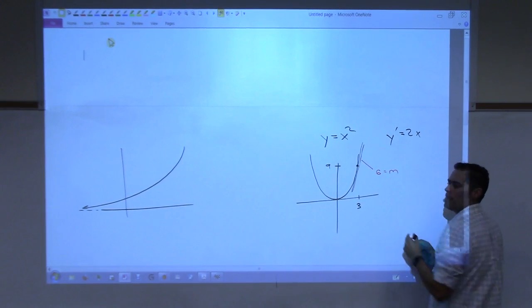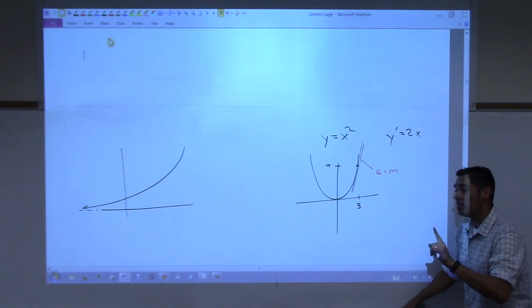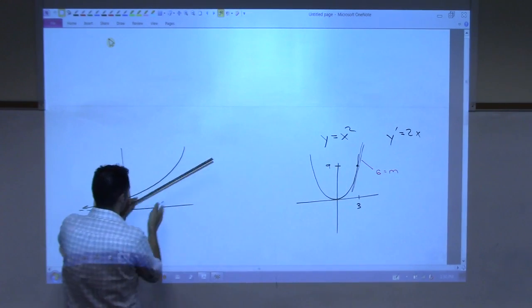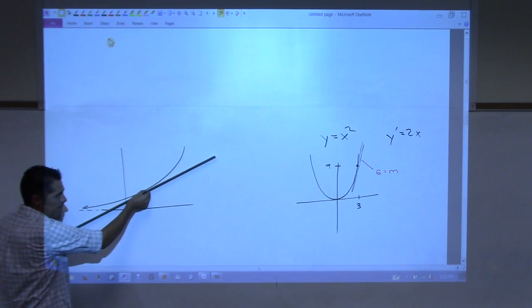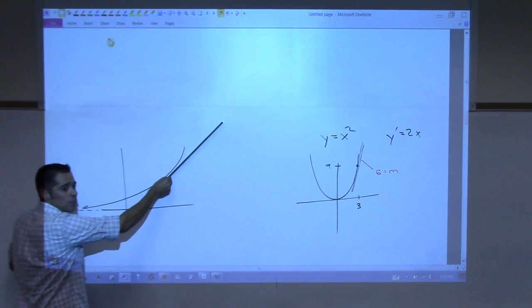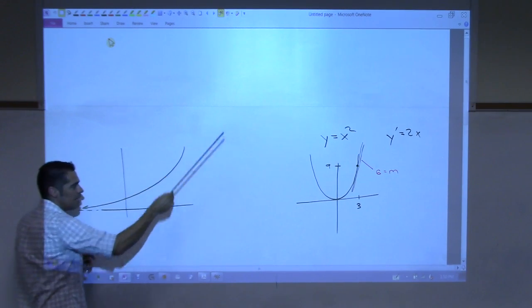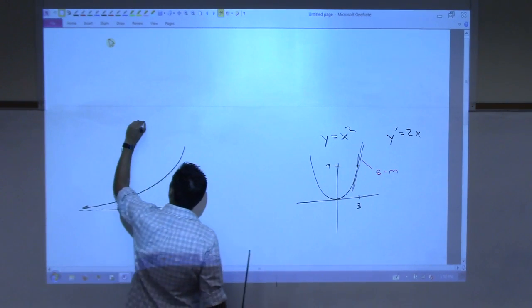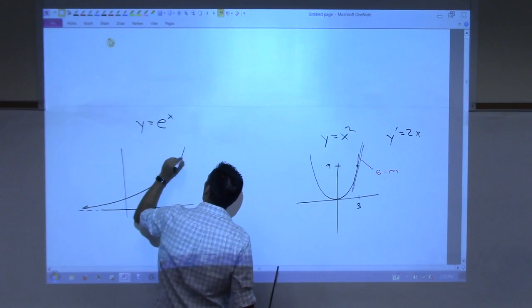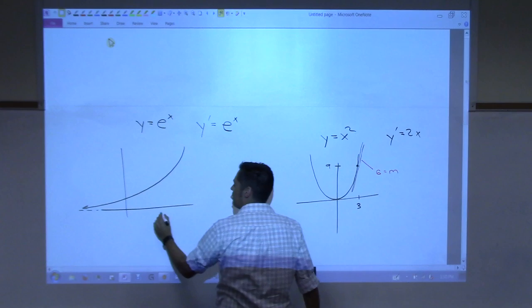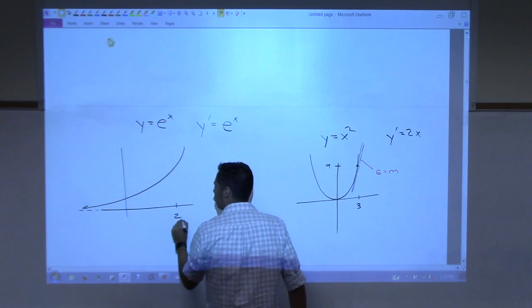That's the slope. What we wanted to know was whether there is a function where the slope of the tangent line was always equal to the y value of where you were. So look at the e function, e to the x. What is its derivative? Itself. Okay, so let's go out to, let's say, 2.